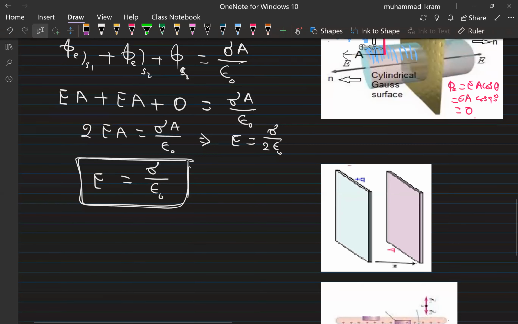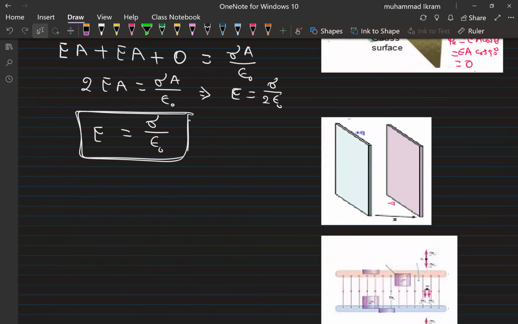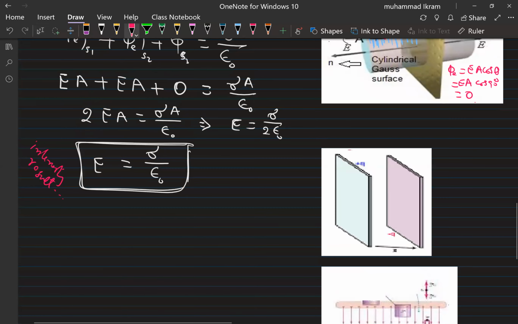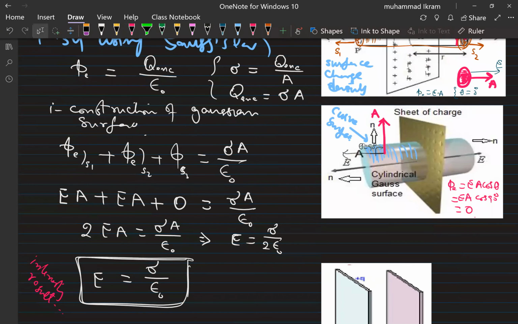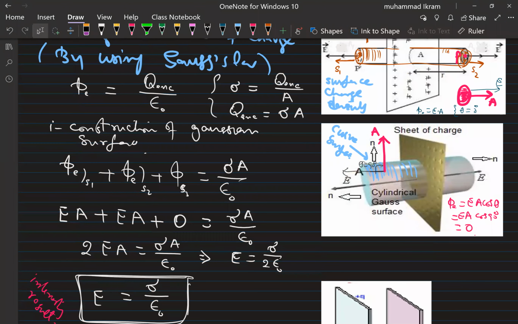Remember, this is an interesting result: it does not contain r. Whether the point P is nearer or away, it doesn't make any difference.